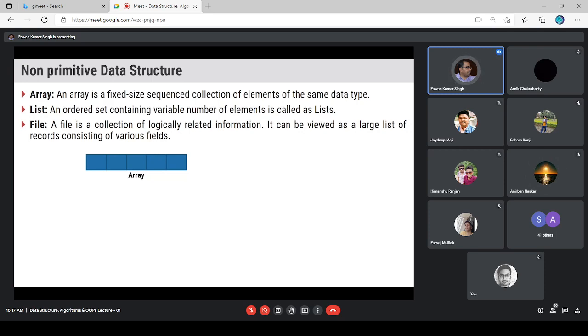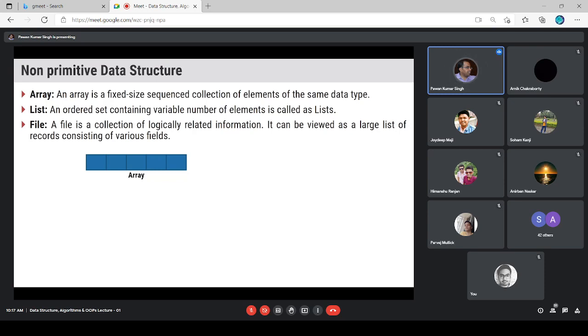Suppose I have a file which contains the records of all the IEE students currently studying at Jadavpur University, the first year, second year, third year, and fourth year.